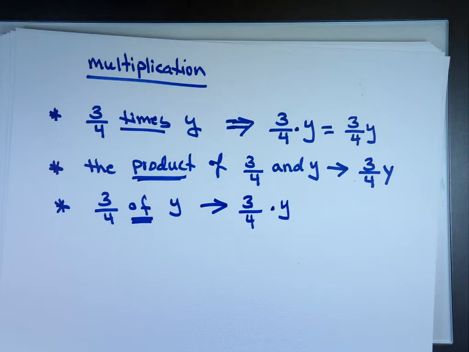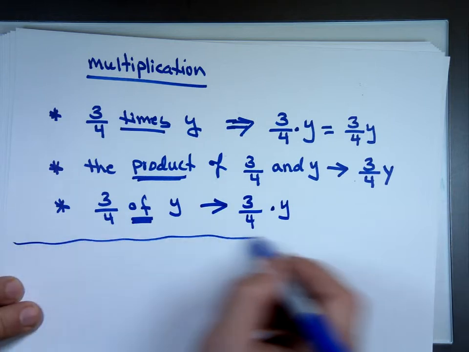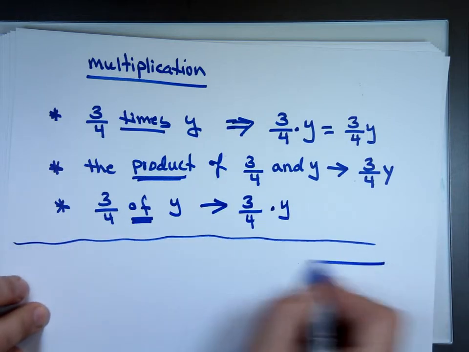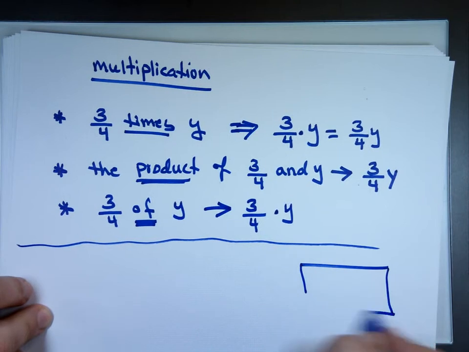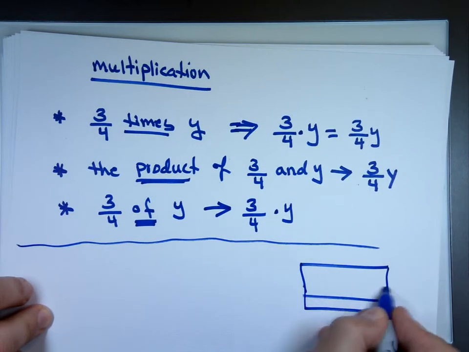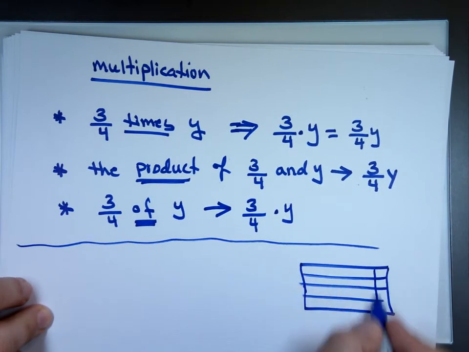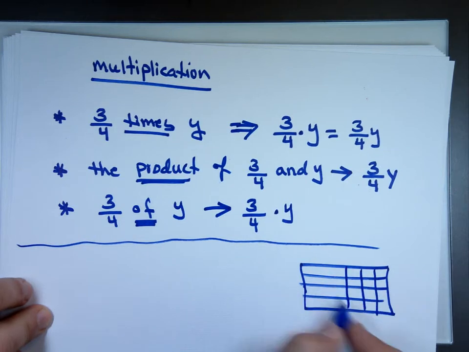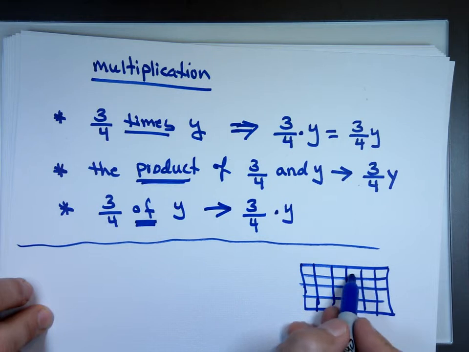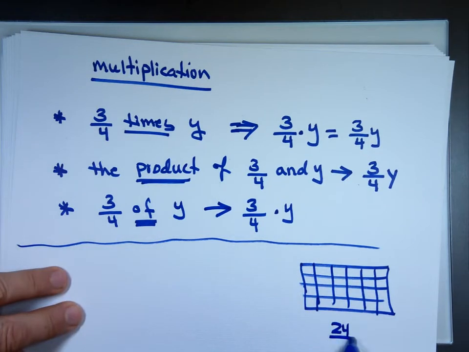So an example, one night you're hungry, you order pizza, an extra large pizza or a family size pizza, and it just happens to be cut into squares. It's one of those big ones. So how many slices do we have? 1, 2, 3, 4, 5, 6. 24 pieces of pizza.